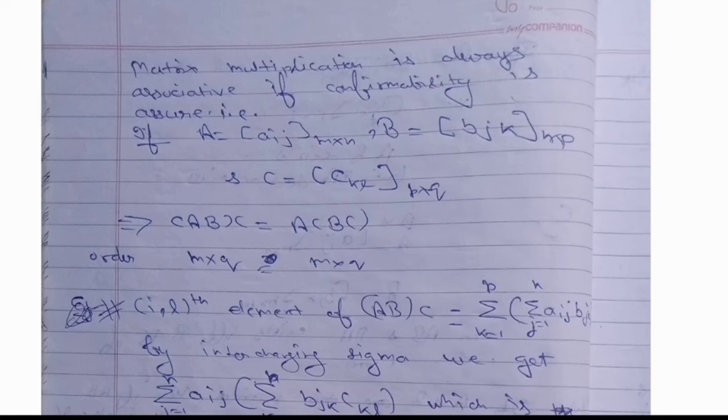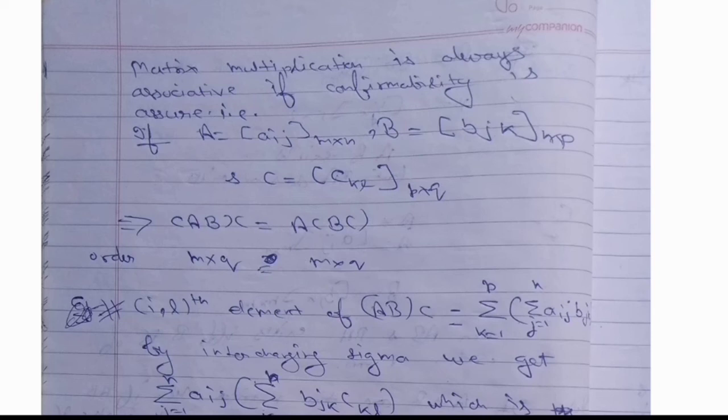That is, A is a matrix of order m cross n, B is a matrix of order n cross p, and C is a matrix of order p cross q. This implies that ABC is equal to A into BC. I'm going through this. The ilth element of AB into C is equal to summation over K from 1 to p into summation over J from 1 to n Aij Bjk.